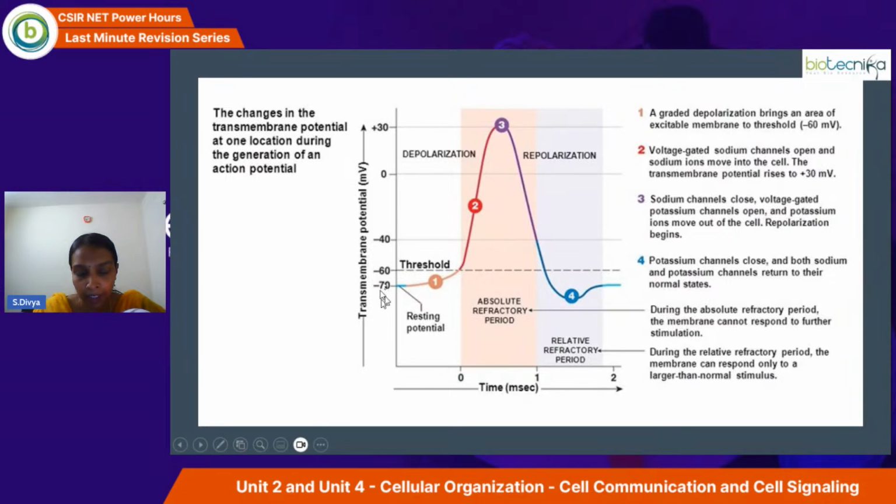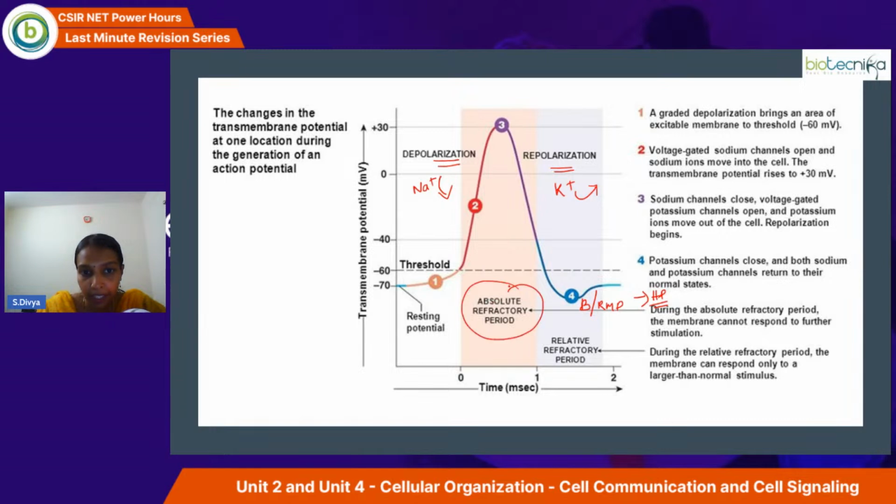So these are the events. This is your minus 70 mV. Upon getting a stimulus, you reach a threshold. Then sodium ions come inside, you call it depolarization. Potassium ions go outside, you call it repolarization. When it goes beyond the RMP, you call it hyperpolarization, right?